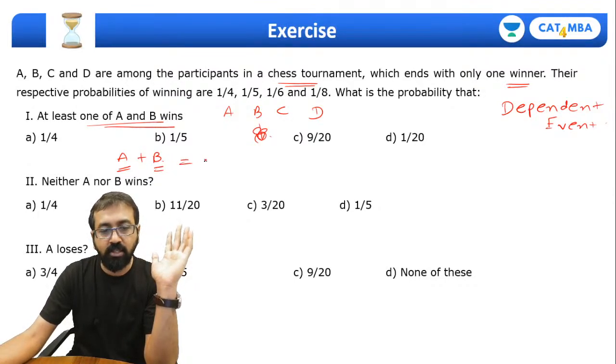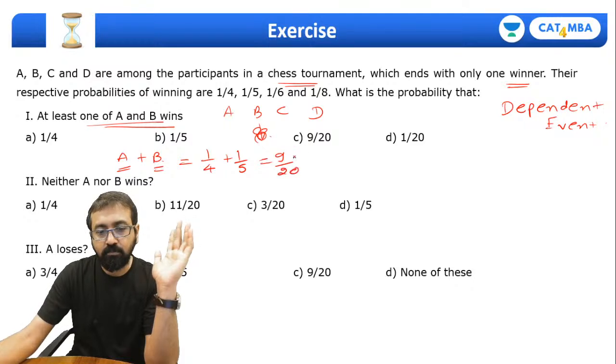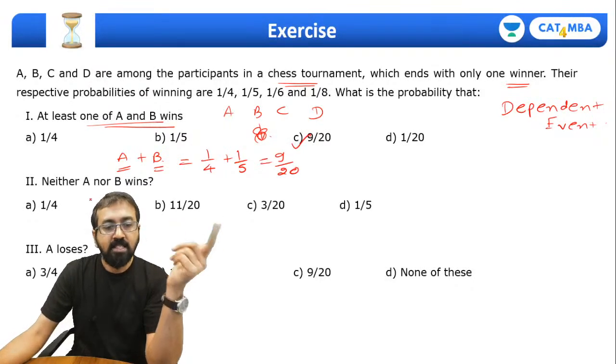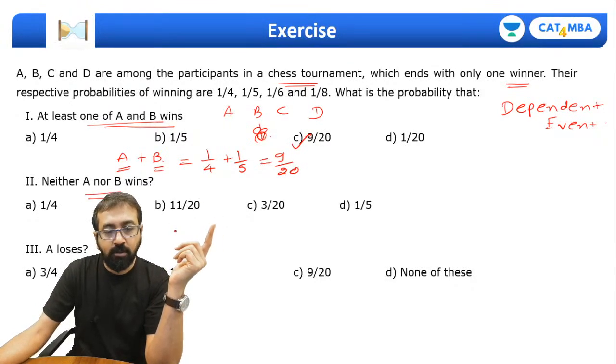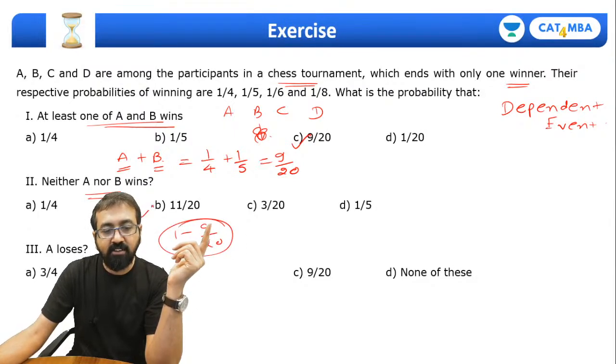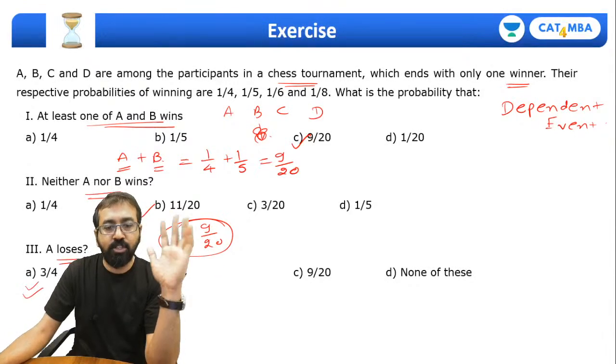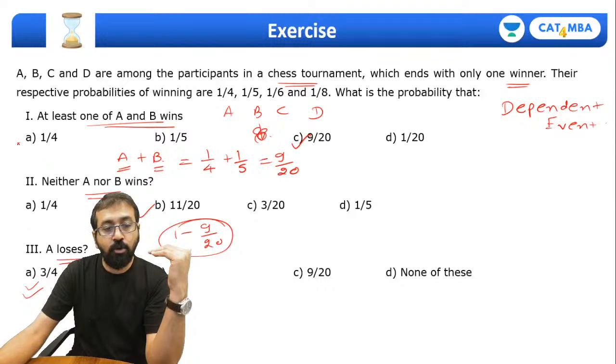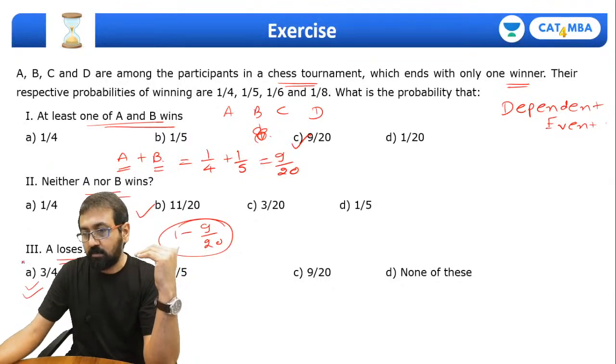So the probability over here will be 1 by 4 plus 1 by 5, that is 9 by 20. This is the answer. Same way, neither A nor B wins, so it will be 1 minus 9 by 20, so it will be 11 by 20. A loses, of course, it will remain 3 by 4. It's very simple. So I'm sure all of you have understood the first, second and third questions.